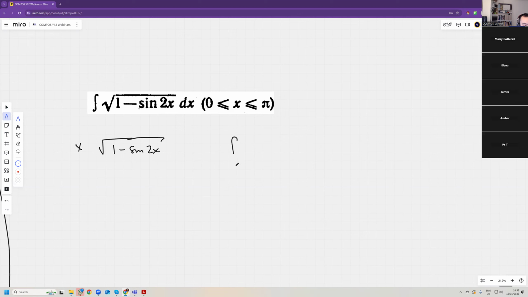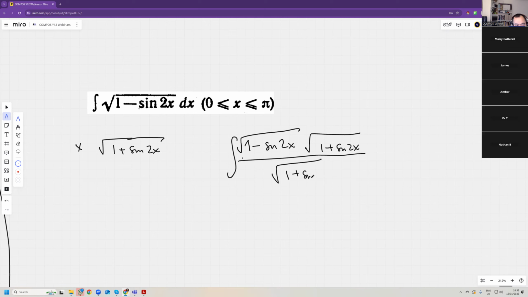I get the integral of 1 minus sine 2x. Ooh, I think I need to multiply by plus. So I multiply by root 1 plus sine 2x, divided by 1 plus sine 2x, dx.